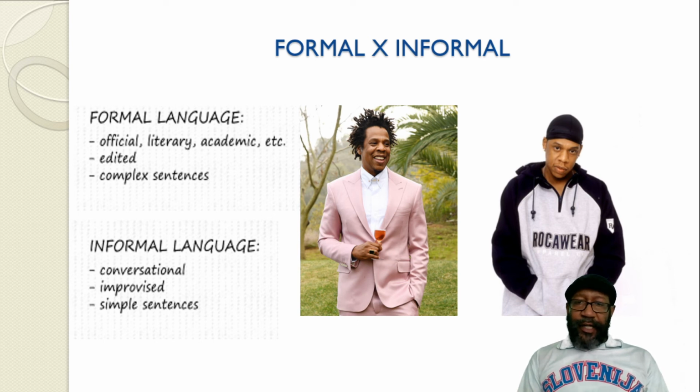In one picture, he's dressed in a kind of pink tuxedo, right? Supposed to be formal dress for him. In the other picture, you can see he's wearing a coat that doesn't look too formal. So as you can see, it's the same person.